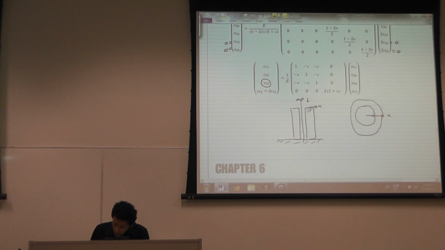This is r naught, and this is r naught plus u. So epsilon 3,3 will be equal to the length after deformation, 2 pi times r naught plus u, minus the length before deformation, delta over L, and you end up with u over r naught.